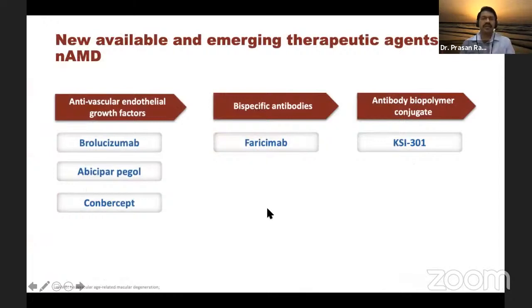So the current generation of neovascular AMD medications are subdivided into three classes: the anti-VEGF group, the bispecific antibodies, and the antibody biopolymer conjugates. The anti-VEGF medications include brolucizumab, abicipar pegol, and conbercept. The bispecific antibodies include faricimab and KSI, and the antibody biopolymer conjugate includes KSI-301.